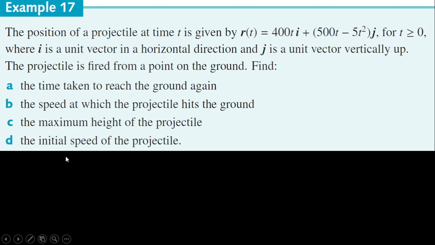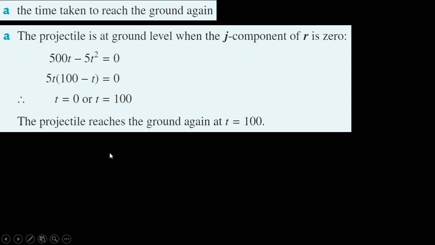All right. Next, a little bit more of a worded situation. So read the problem and pause the video and have a go at this. Alright, so with part A, you have a vector position function. The first part is asking you the time it takes to reach the ground again.